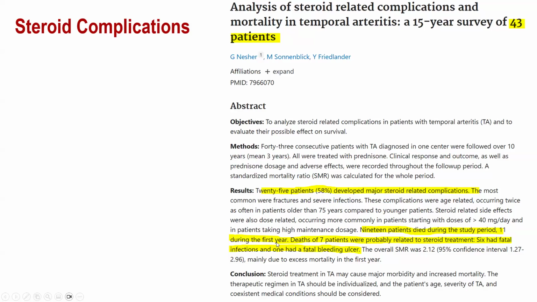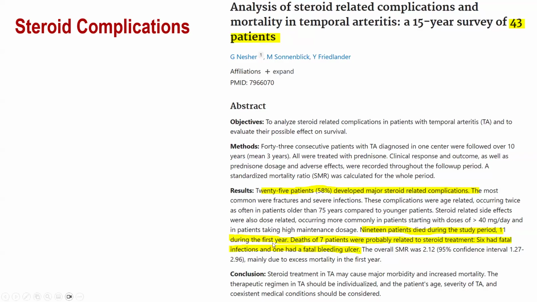Now, these are older patients, so it is notable that they may have probably died of unrelated causes. However, most of them died within the first year when the steroid dose is at its highest. And also, at least 7 patients died from very clear steroid-related complications. So 6 had fatal infections, where high-dose steroids probably did not serve them the best.